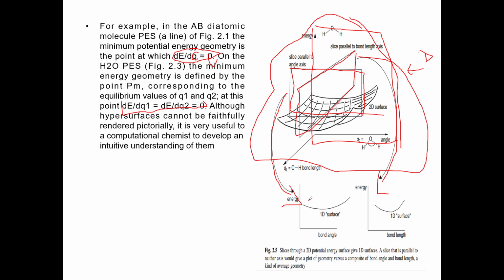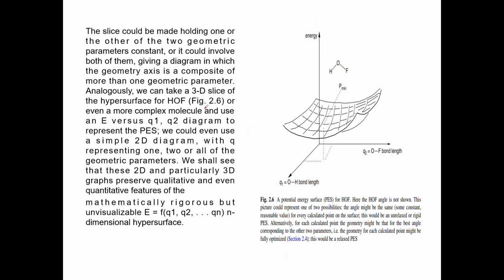For the second chart, how we can identify the minimum, the equilibrium, depends on this point. This is the minimum point, and here we use the derivative of energy with respect to Q1 plus the derivative of E with respect to Q2 plus 0 equal 0.